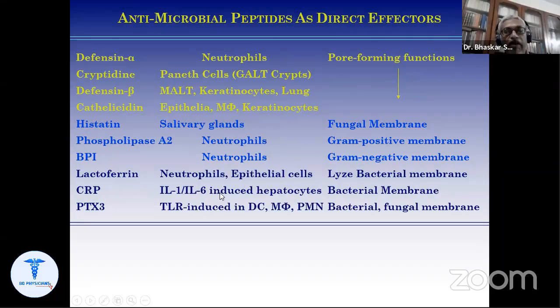C-reactive protein, induced by IL-1 and IL-6 from hepatocytes, works on bacterial membrane. And pentraxin 3 or PTX3, that is TLR induced in dendritic cells, macrophages, and polymorphonuclear cells like neutrophils, also works on bacterial and fungal membrane. So basically, there are different antimicrobial peptides that can work on different pathogens like bacteria and fungus and can combat them.